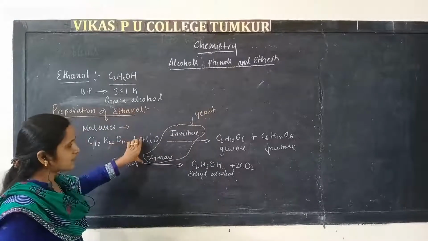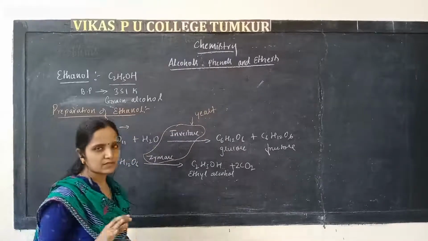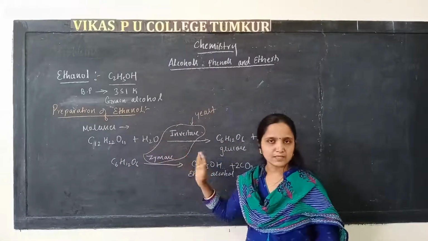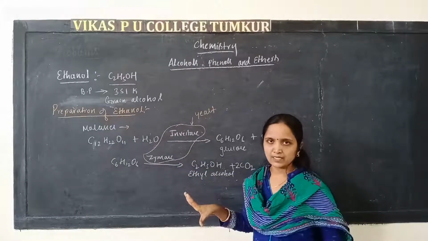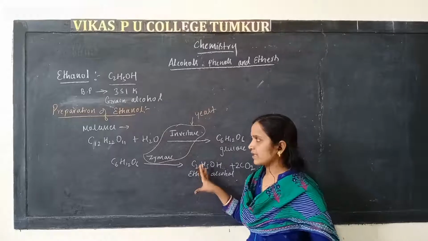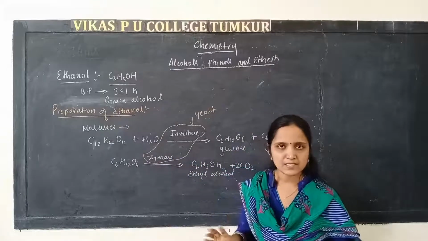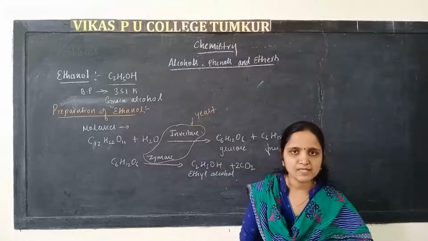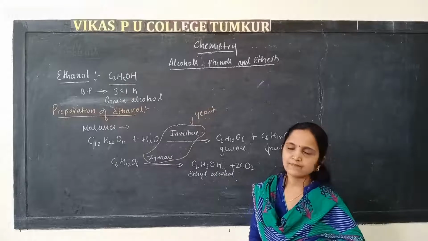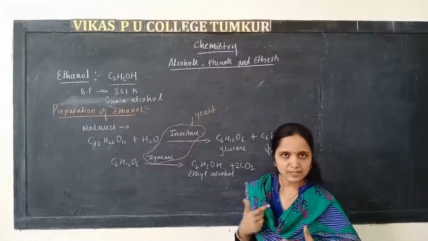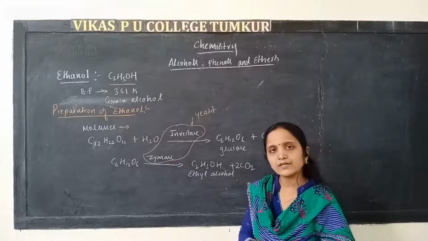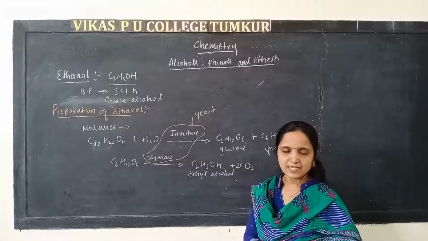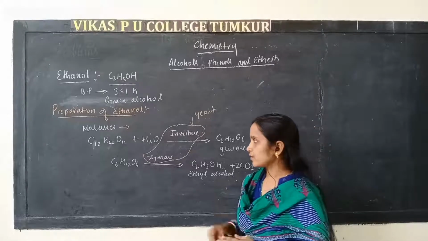This is the preparation of ethanol, one of the oldest methods. The molasses of sugarcane juice is used, and molasses is the mother liquor left over from the crystallization of sugar from sugarcane juice. The 100% of the sugar is not crystallized, and some sugar is left in the molasses.